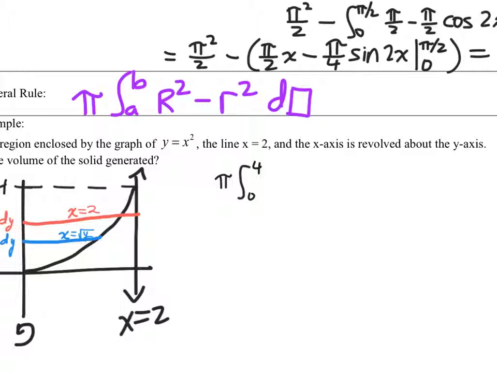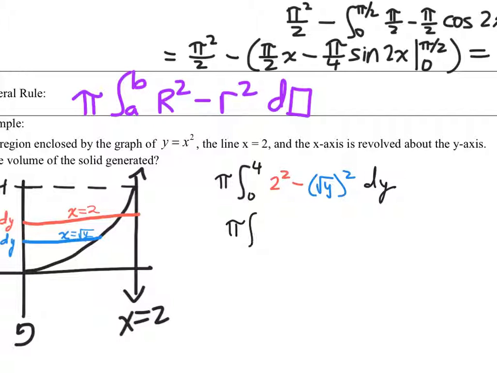So pi times the difference between the squared radii. So 2 squared minus square root of y squared, which you could just write as y, dy.